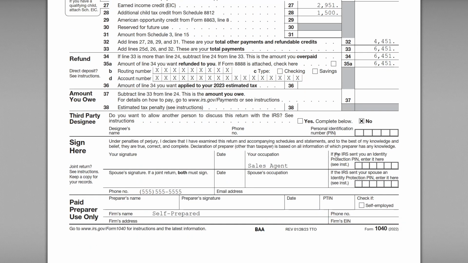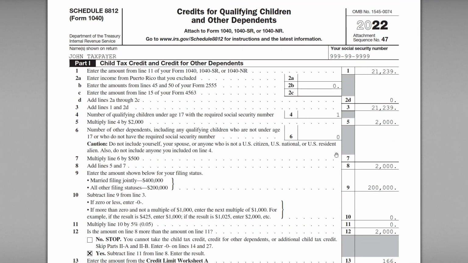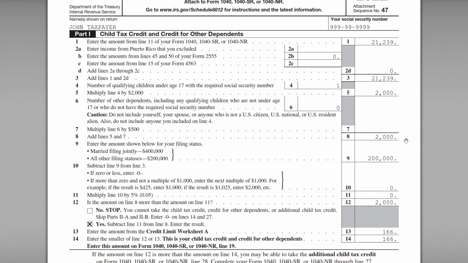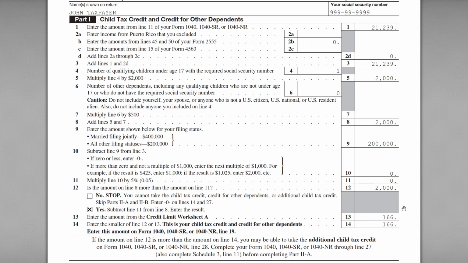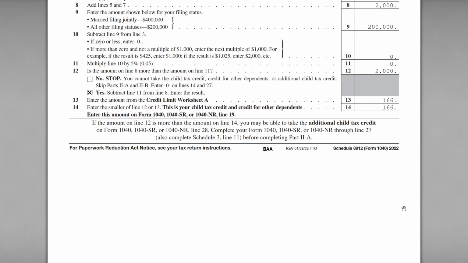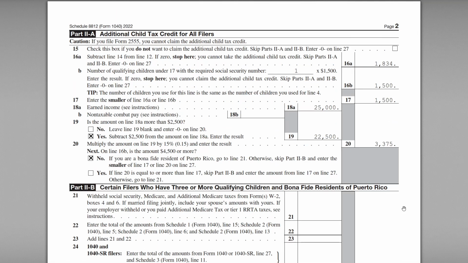So if we look at the 8812 down here, I've got other videos going over the 8812 in more detail, but again, in part 1, where we compute the initial credit, we've got one child, a $2,000 credit, but the credit is limited to our tax liability. So that's why it's capped at $166. It's in the second page where we compute the additional child tax credit, the refundable portion.